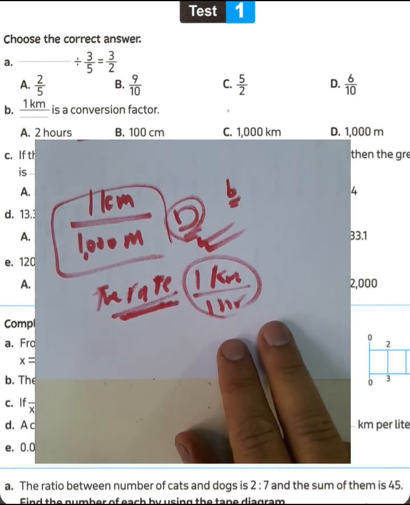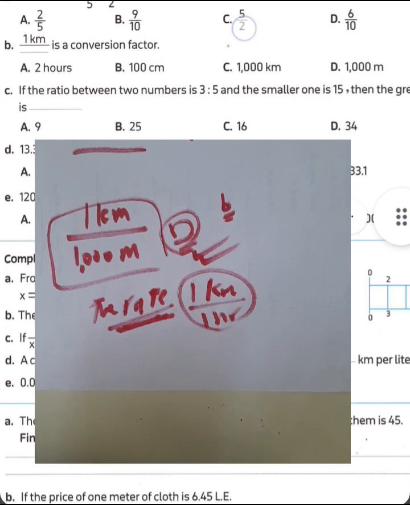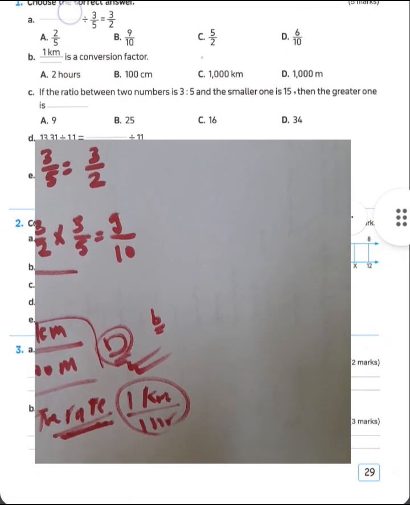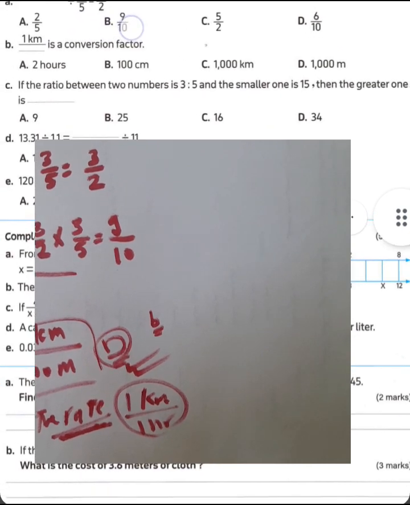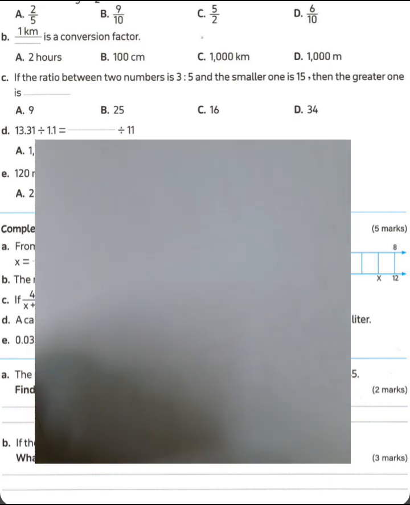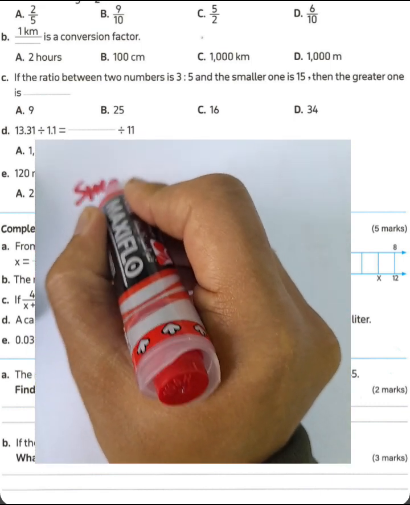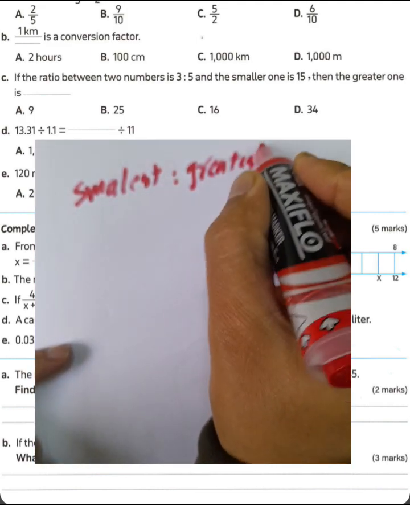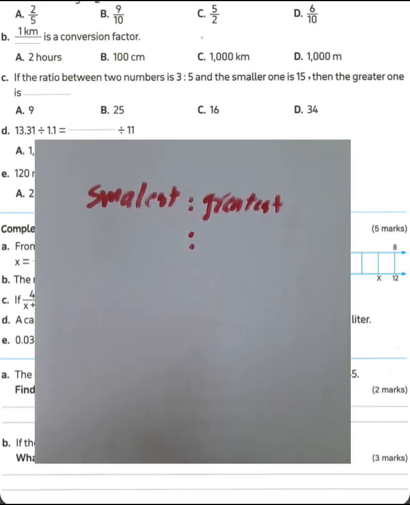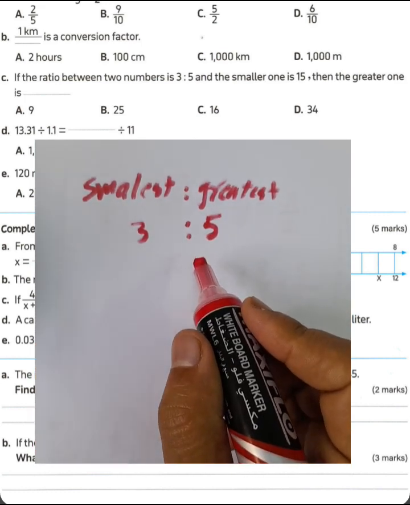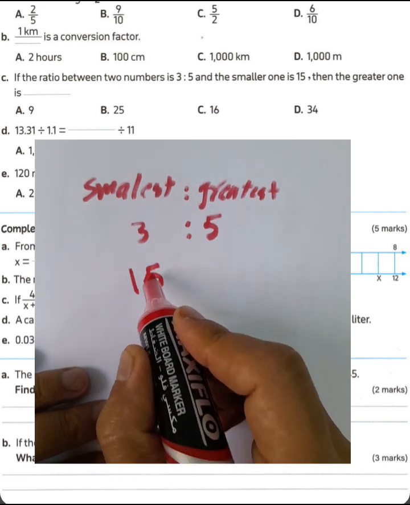Next question, letter C. If the ratio between two numbers is 3 to 5 and the smaller one is 15, then the greater one is what? We have the ratio between the two numbers, smallest to greatest: 3 to 5, and they give us the smaller as 15.